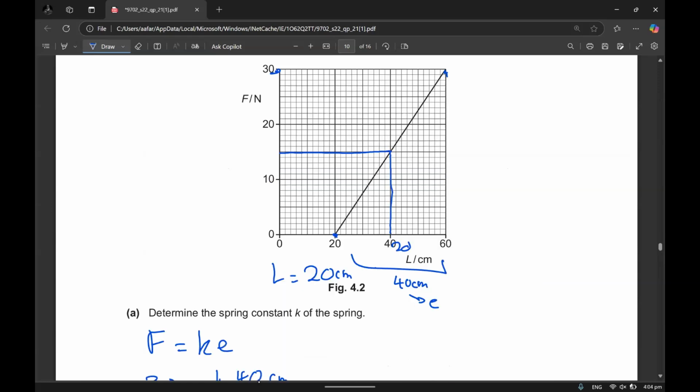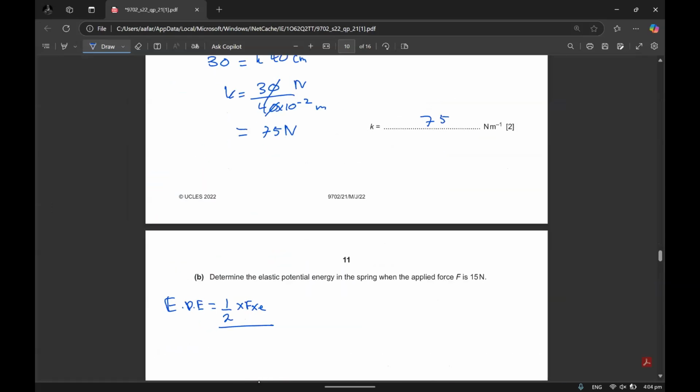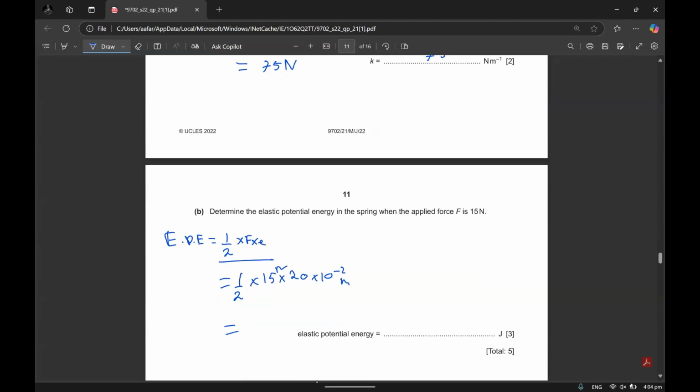So we just take this formula: half into 15 into 20 into 10 power negative 2. We don't make this mistake. So it's basically joules.